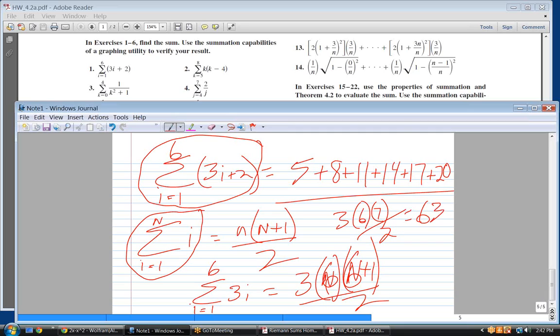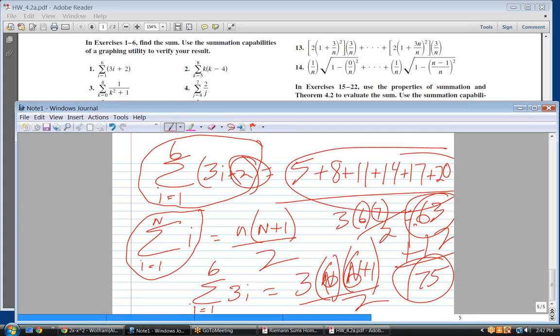That's 63, which would be the sum of 3i as i goes from 1 to 6. Well, the sum of 2 going from 1 to 6 is just 6 times 2, so I would add 12 more for the sum of the 2 part, and 75. That's what that would total right there. 13 and 11 is 24, 38, 55, 75.